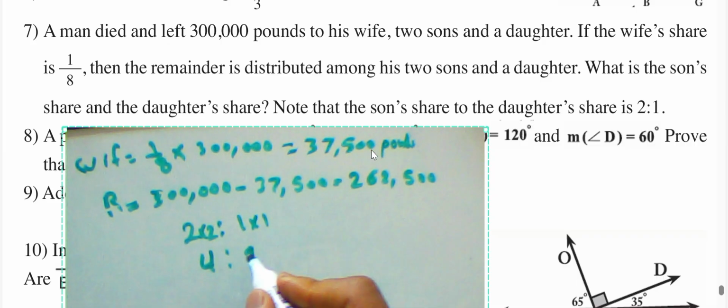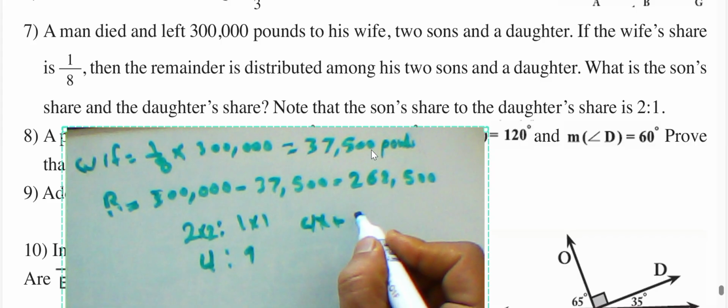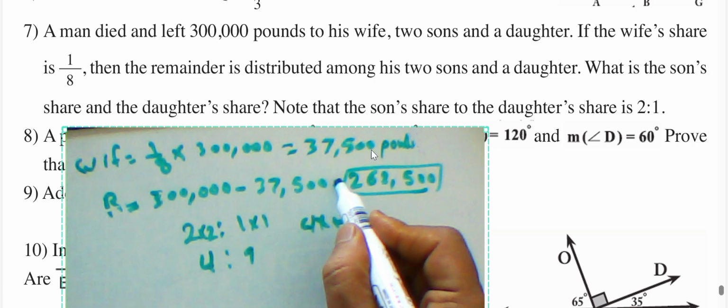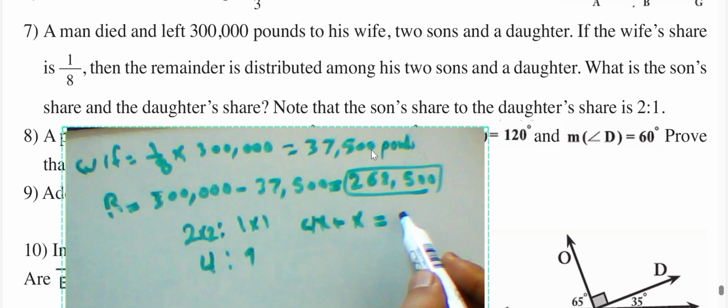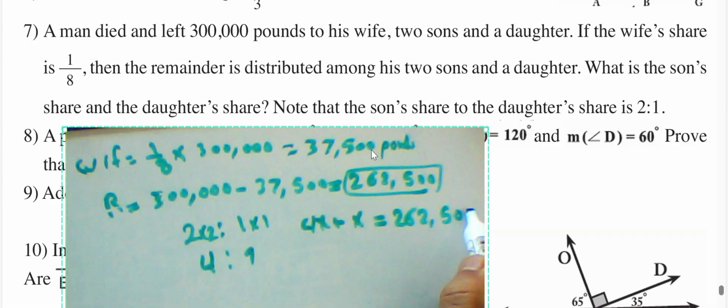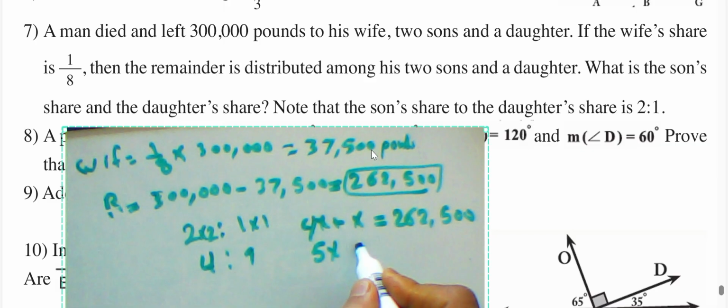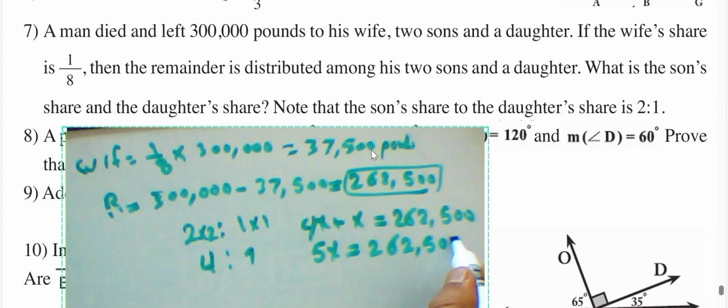We can write 4x and also x. They will collect 262,500: 4 parts for all boys and 1 part for the daughter. The sum of them will be 5x equals 262,500. We can divide this number by 5.